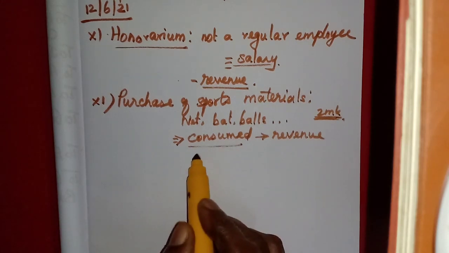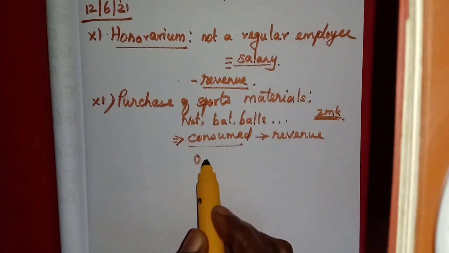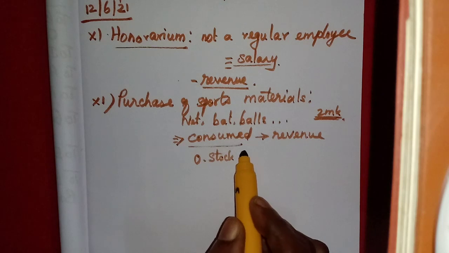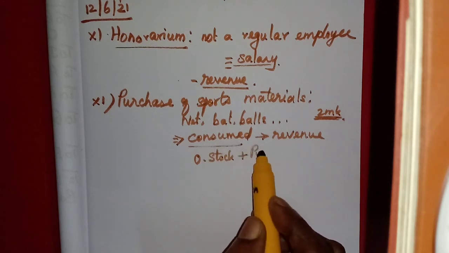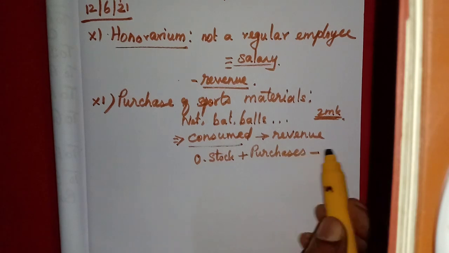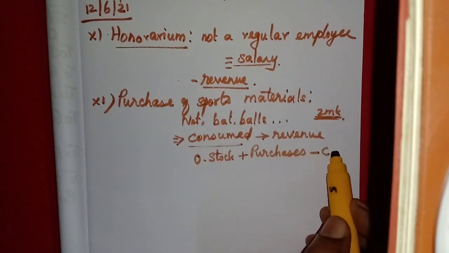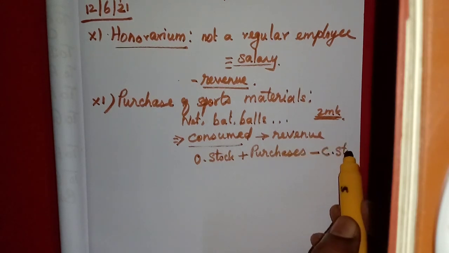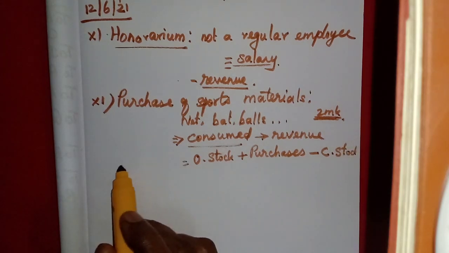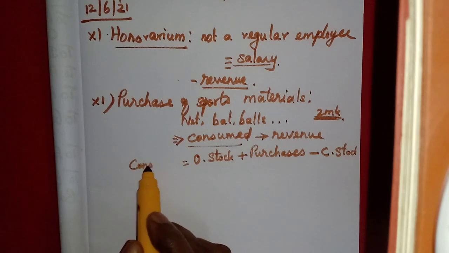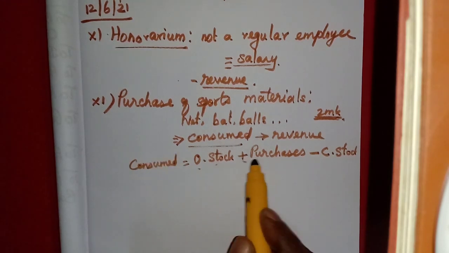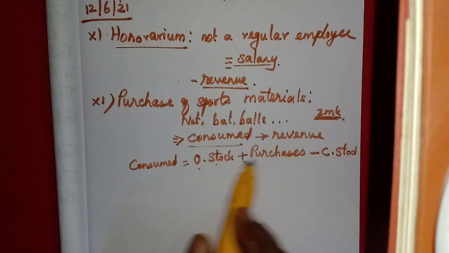How to calculate the consumption of sports materials? Now itself I will teach you. Opening stock of sports materials, add the purchases made in the year, then subtract the closing stock, what is not used. There we will get the materials consumed. Consumption of material: opening stock, add purchases, minus closing stock.